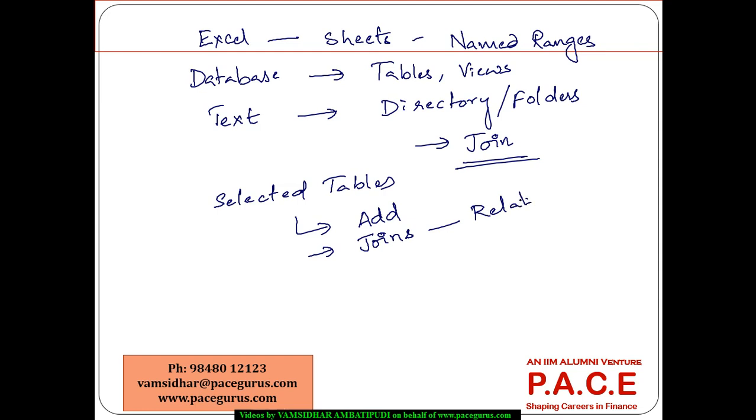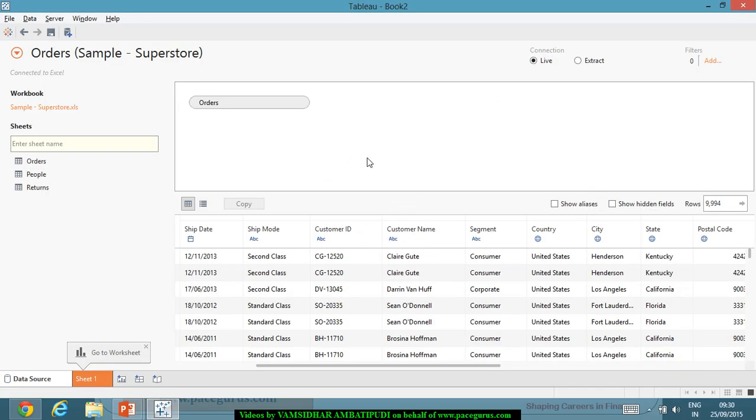The joins we'll discuss in our next couple of chapters. We can create joins, we can define relationships between the two tables, and that can be done in this particular region. So that's one more major area.